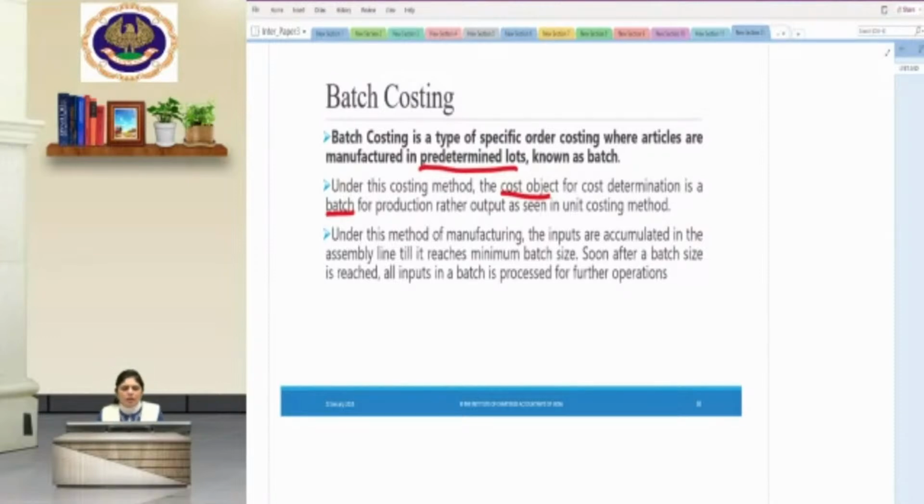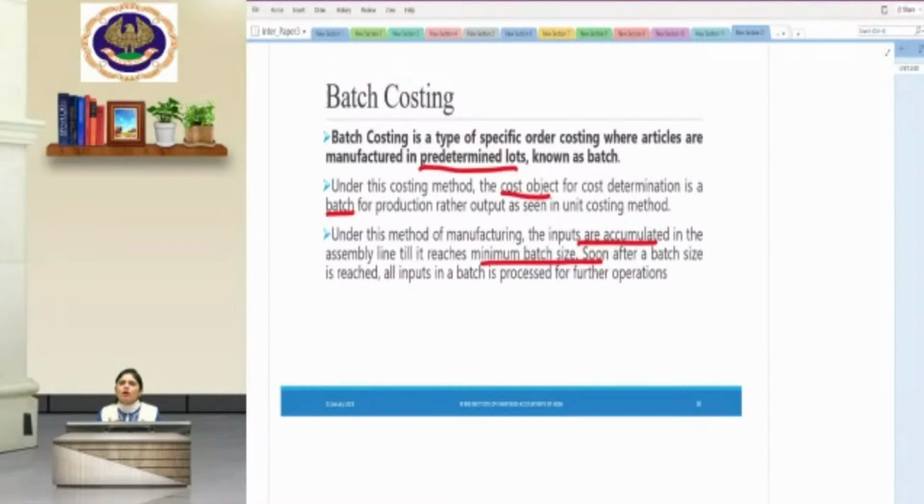Clear? So under this method, the inputs are accumulated in the assembly line till it reaches the maximum batch size. After the batch size is reached, all inputs in the batch are processed for further operations. So let us say in a batch, 1,000 units are to be produced together. So the total accumulation of cost will be done first for 1,000 units.